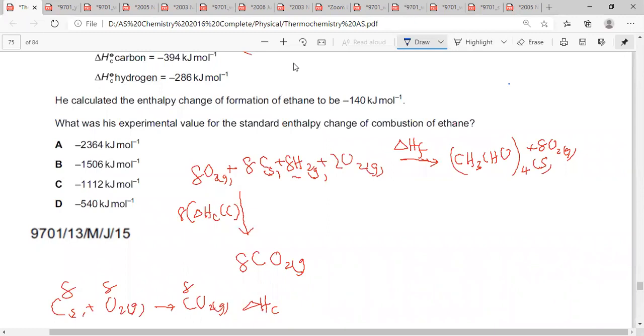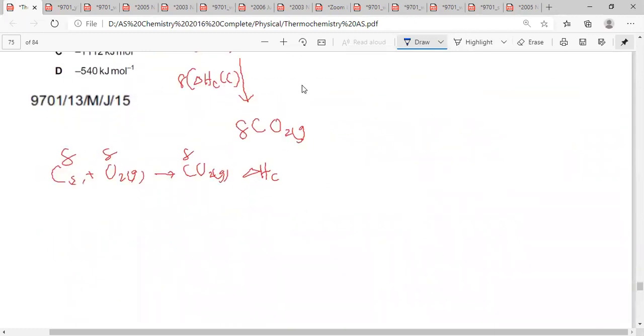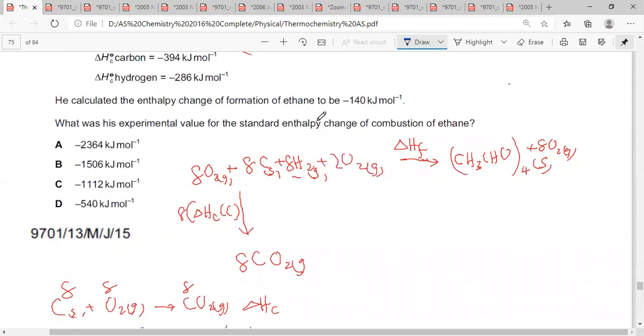Hydrogen here, of course the real one is H2 gas plus half O2 gas to give H2O. So 8 moles, it'll be 4 here and 4 here. Now remember, here is already 2. I need to add just 2 more of O2.